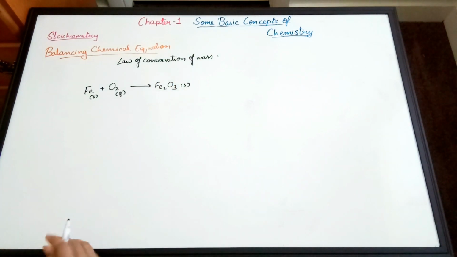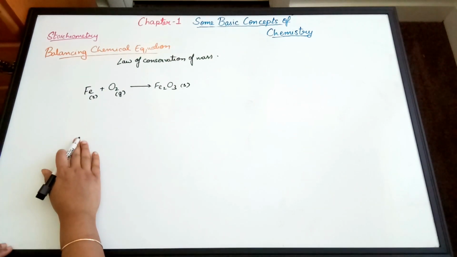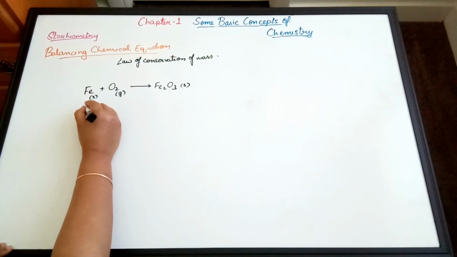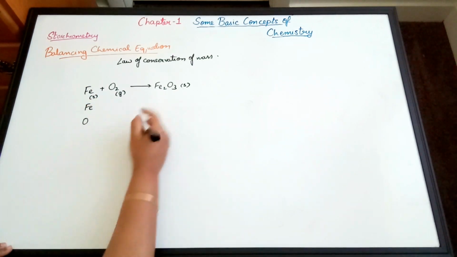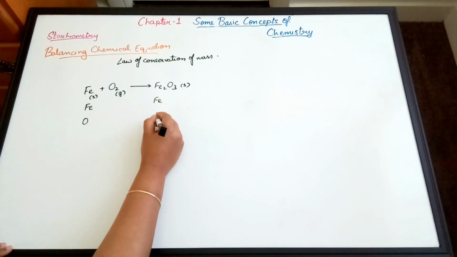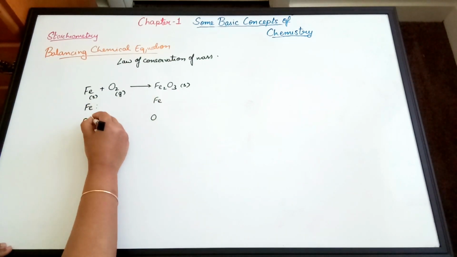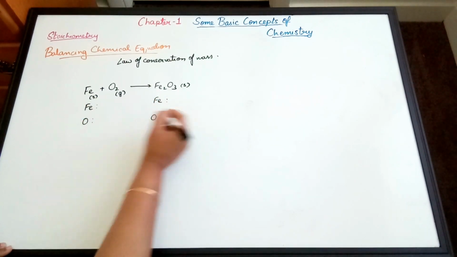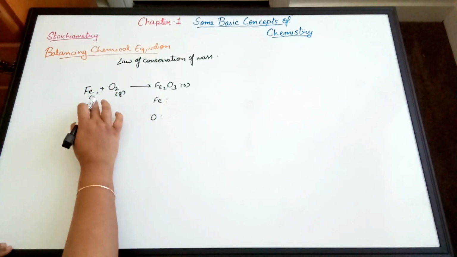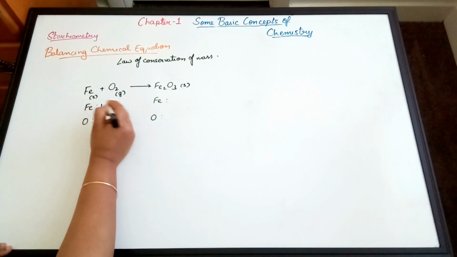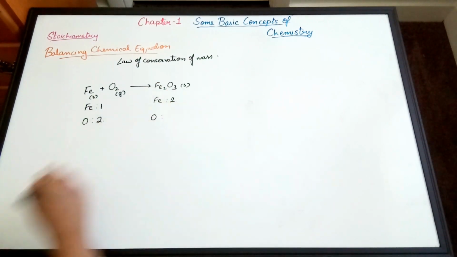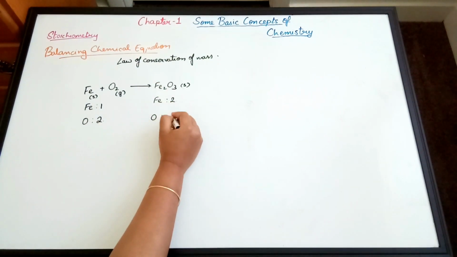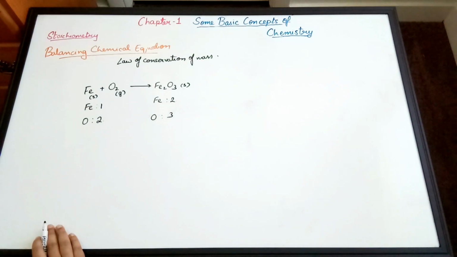Now let's look at the elements present on the reactant side and the product side: Fe and O, and the product side also has Fe and O. The first step is to write down the number of atoms of each element. This has one atom, this has two atoms, this has two atoms, and this has three atoms of oxygen.